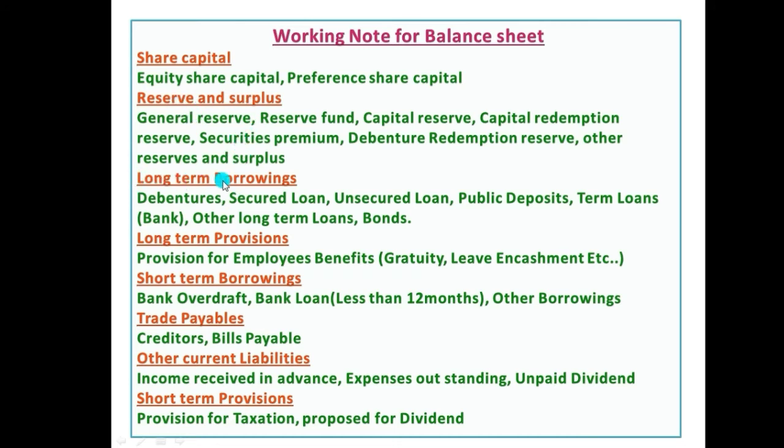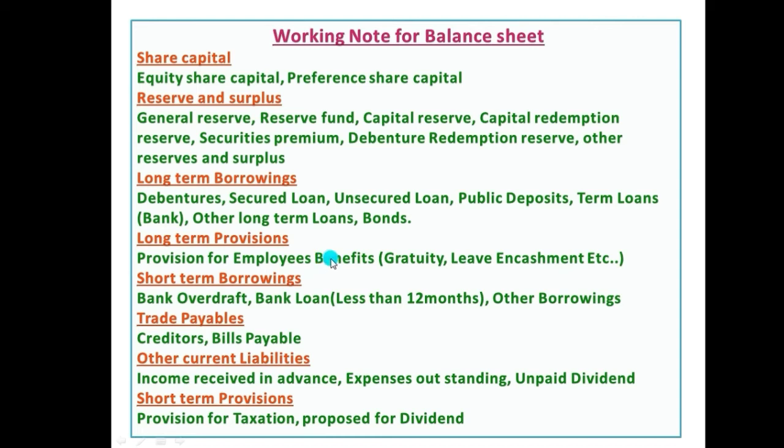Next is long-term borrowings: debentures, secured loan, unsecured loan, public deposits, term loans, other long-term loans, bonds, etc. So we should record under this heading in the working note, and the total amount we should record under long-term borrowings. Next is long-term provisions. Under this, provision for employee benefits like gratuity, leave encashment, etc. So we need to record whatever is kept as a long-term provision.